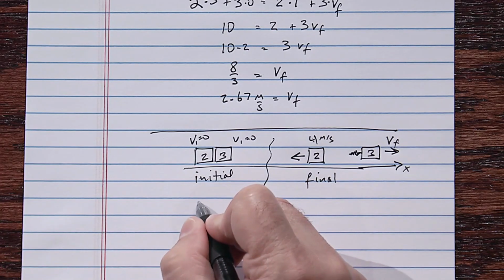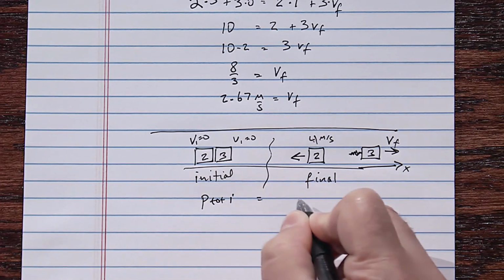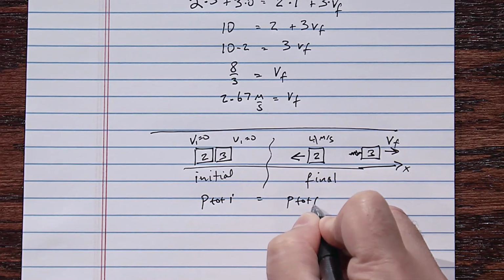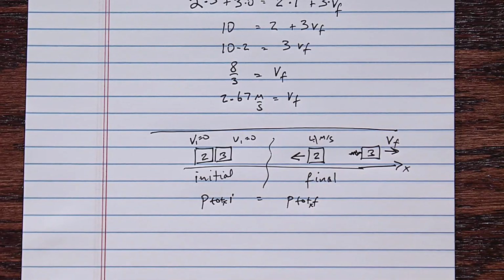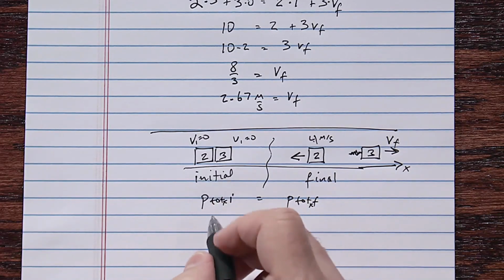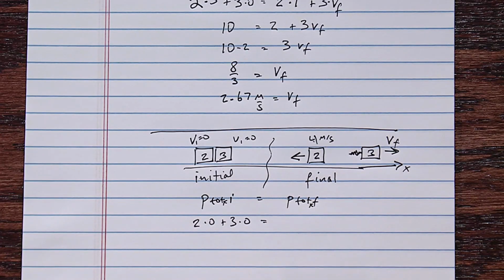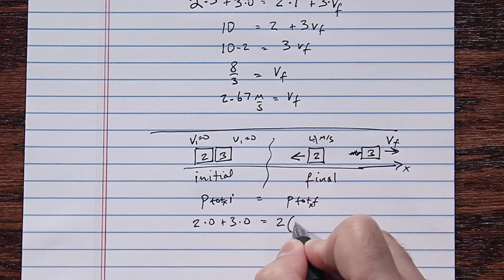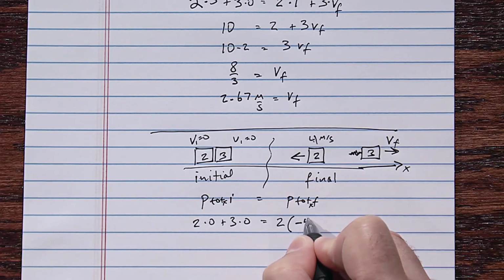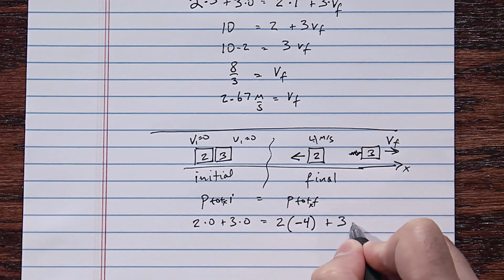In this case, we still have P total initial equals P total final, P total x initial equals P total x final. Initially, we have 2 times 0 plus 3 times 0 is equal to 2 kilograms moving with a velocity of -4 meters per second plus 3 kilograms times V final.